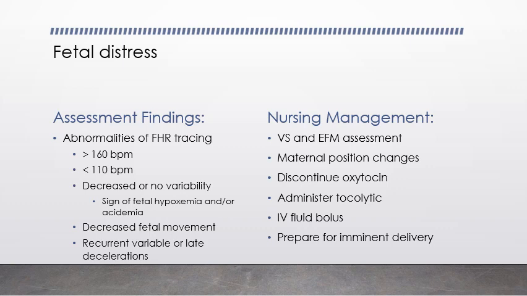IV fluid bolus just increases the circulating volume for the mom and hopefully improves the perfusion of the uterus and the placenta. If fetal distress is profound and prolonged, as the nurse, you would want to begin preparing for that imminent delivery. And of course, if you see fetal distress on the fetal monitor, you would notify your provider right away.